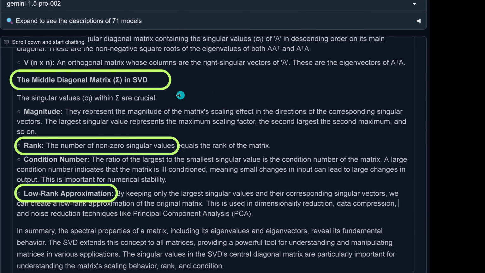Of course, we will focus here on sigma. This is this middle diagonal matrix in SVD, and this will turn out to be the most important factor if we do LoRA. Again, magnitude, conditional numbers, rank, everything explained for you. And here, in pure mathematics, we already have here the low-rank approximation.